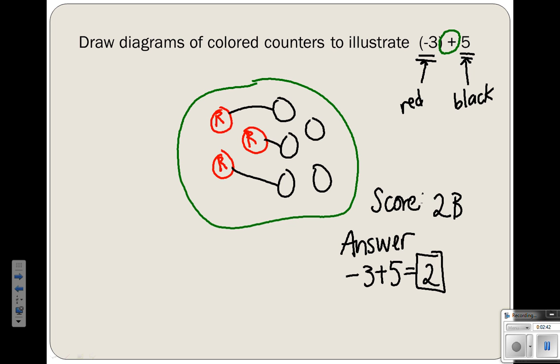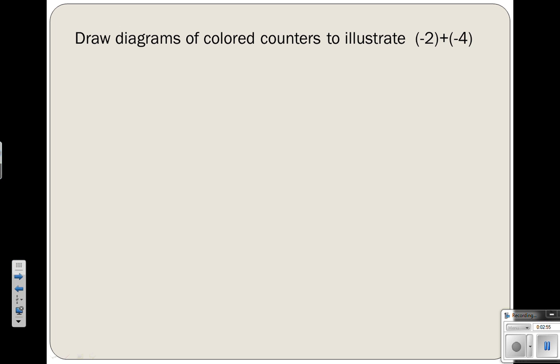So if I'm adding, I put both of my colored counters in for each number represented, and I just add them together. Okay, let's try another one. -2 plus a -4. So again, the plus tells me I'm just adding in these counters for each of these numbers.